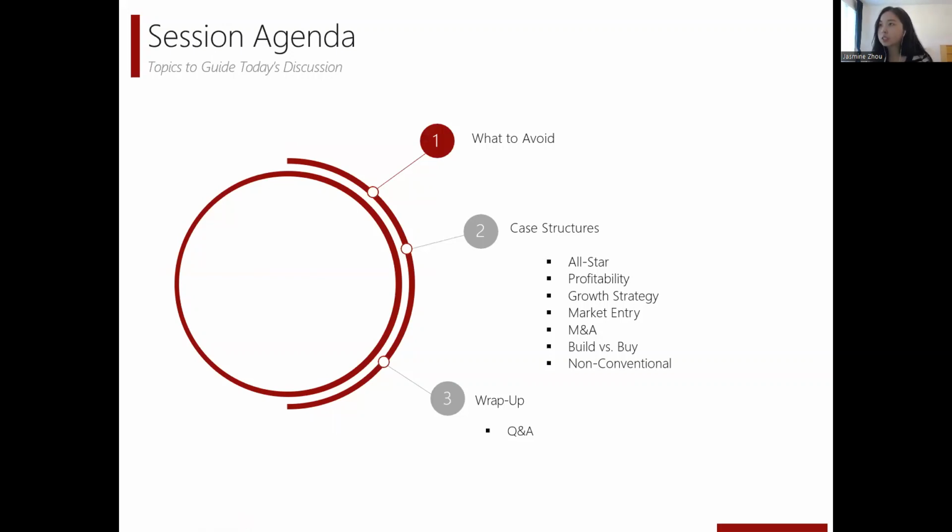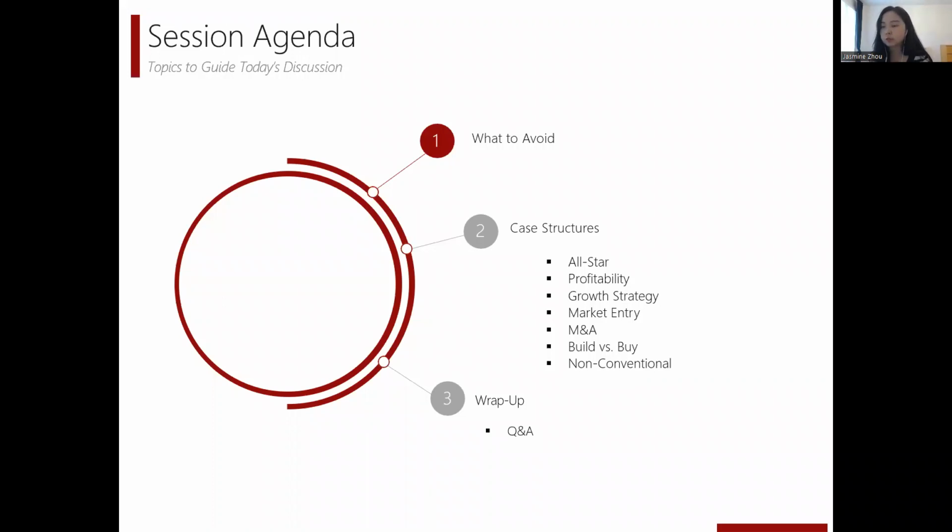And so today we're going to be talking about, first of all, what you usually see used as a structure framework during cases, and maybe what to avoid. And then going into what I like to use for my case structure frameworks according to the type of case that I get.